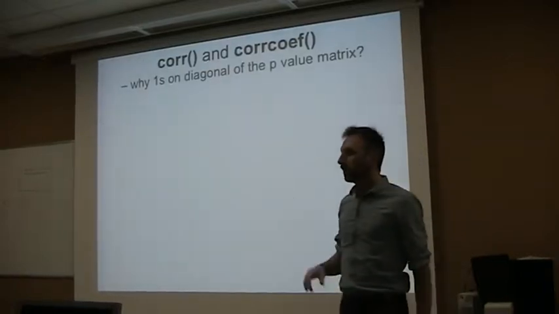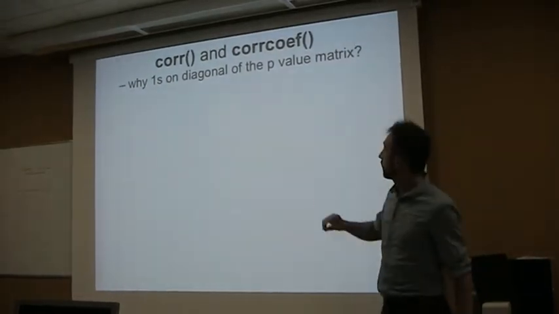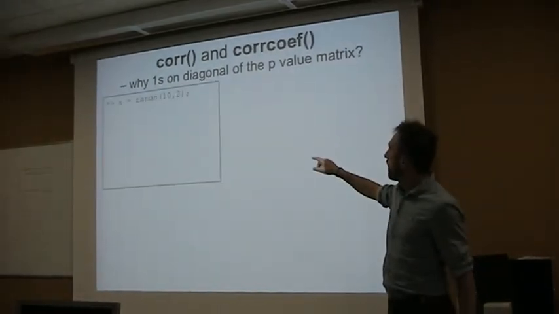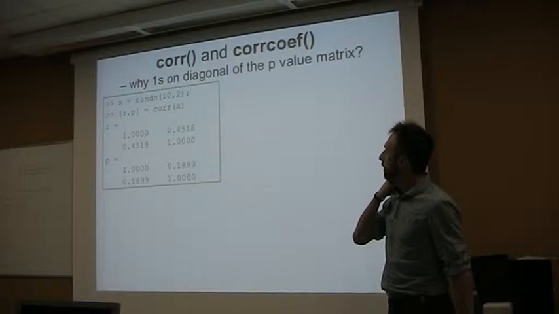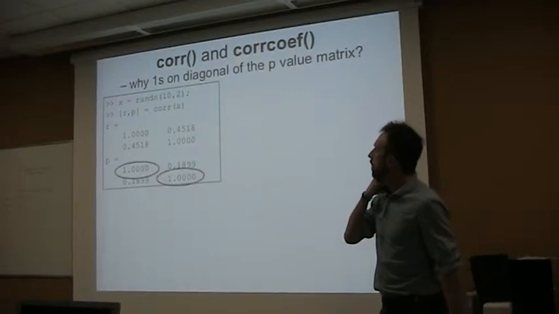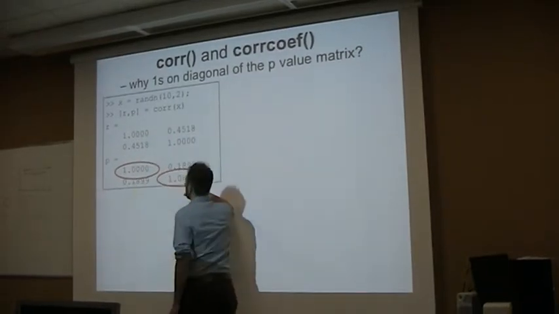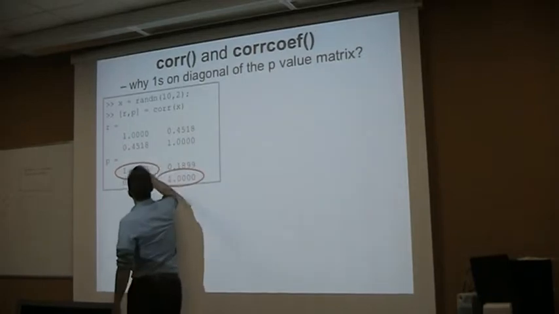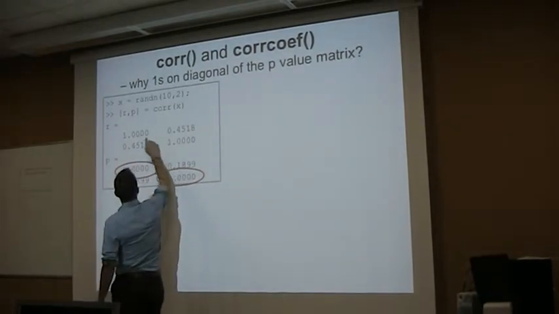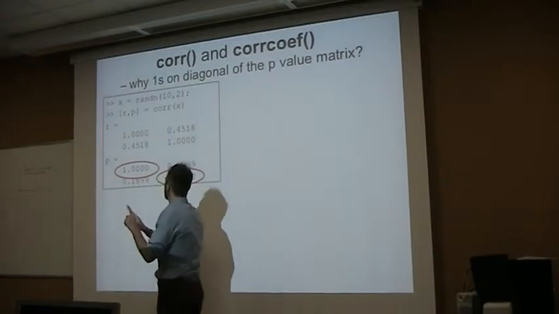Then there was again from you a very good question. When you use the function corr, and we got both the matrix of correlations and the matrix of p-values, it was kind of strange that in the diagonal of the matrix of p-values we have 1s. Why? Because here you get the correlation values which are perfect because it's one thing correlated with itself.